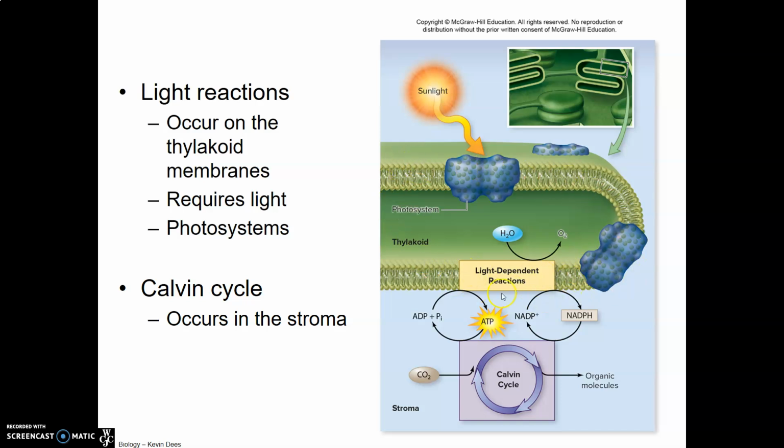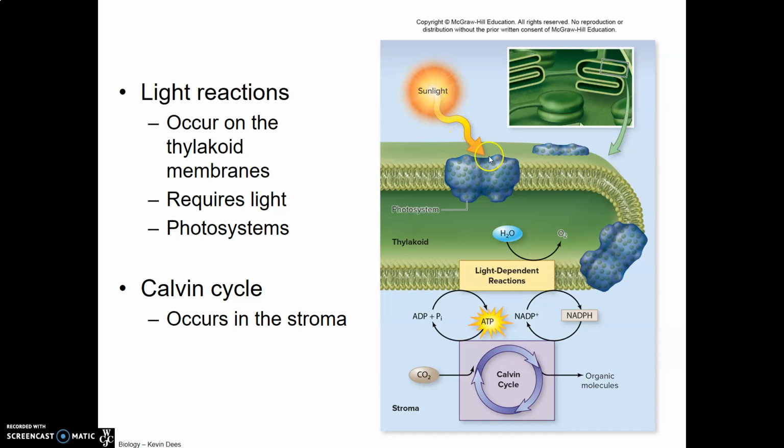Remember, the thylakoids are those individual discs that make up the grana of our chloroplast. These thylakoids have protein complexes on them that we'll talk about in just a moment. These protein complexes also contain the pigment molecules like chlorophyll, and so this is where the photo portion of our reaction occurs.